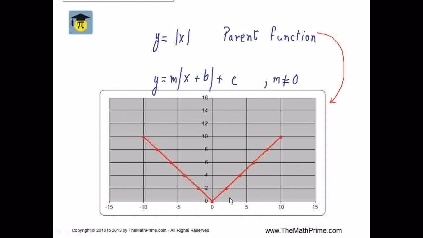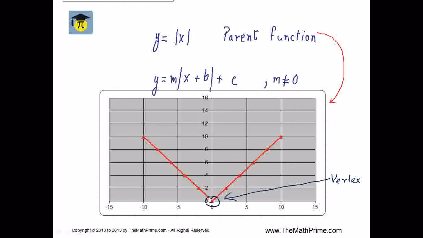So x can take on either positive or negative values, but y is always positive. So this is the parent function, which is the same as the general function with the value of m set to 1 and the values of b and c set to 0.